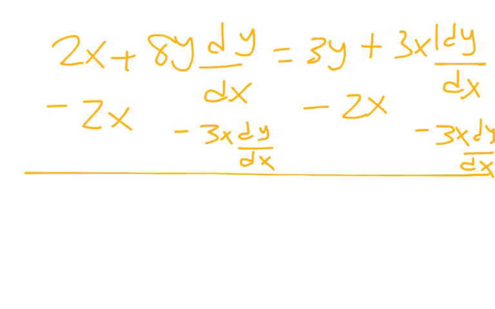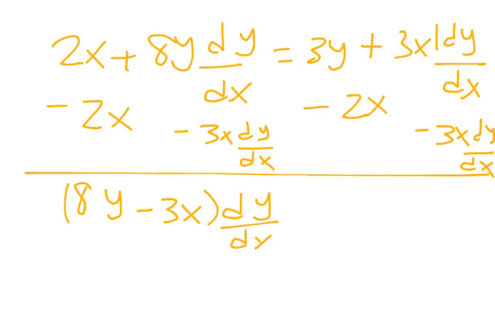So that will be (8y minus 3x) dy over dx equals 3y minus 2x.